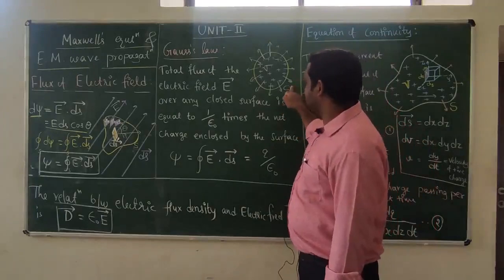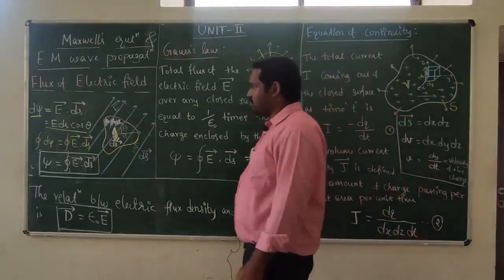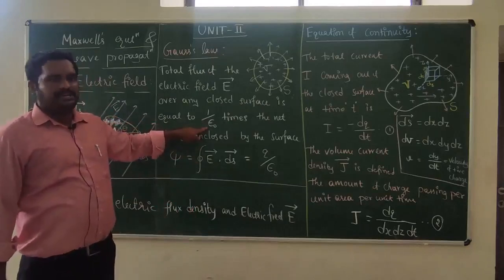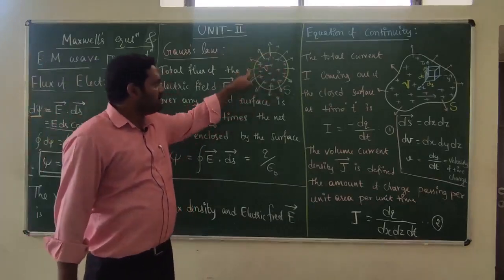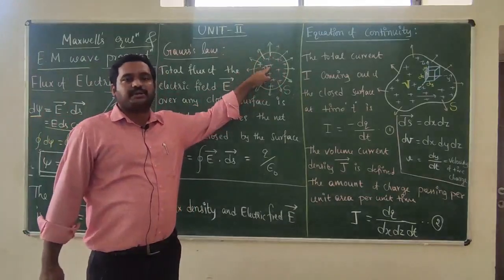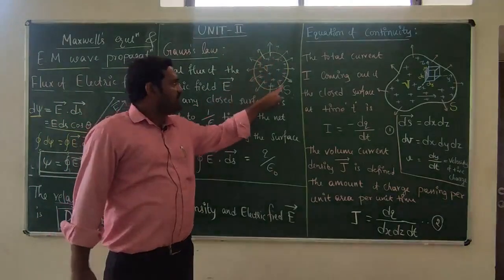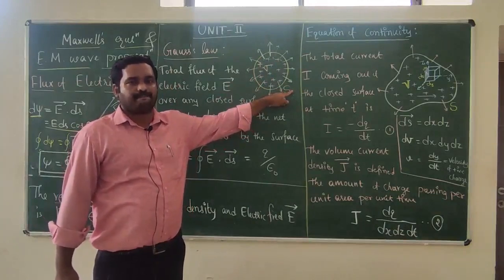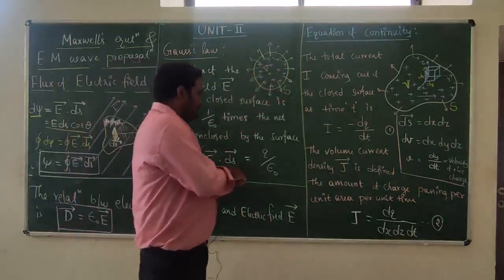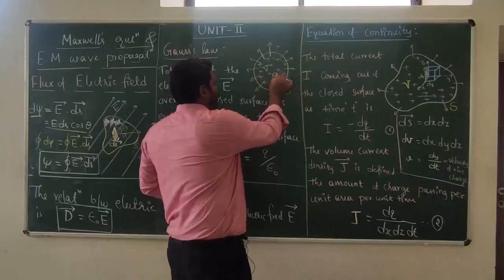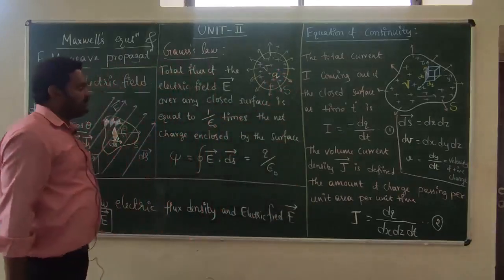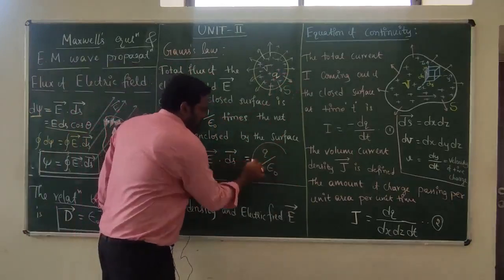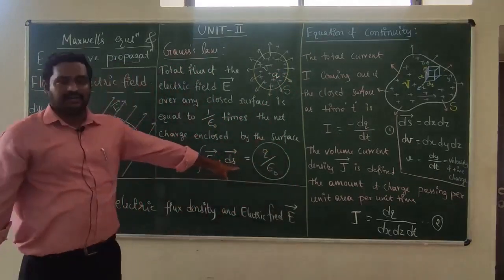This total flux is equal to 1 by epsilon naught times the net charge enclosed within this volume, or enclosed by the surface of area S. We take the total charge as Q, so Q by epsilon naught is equal to the total flux.